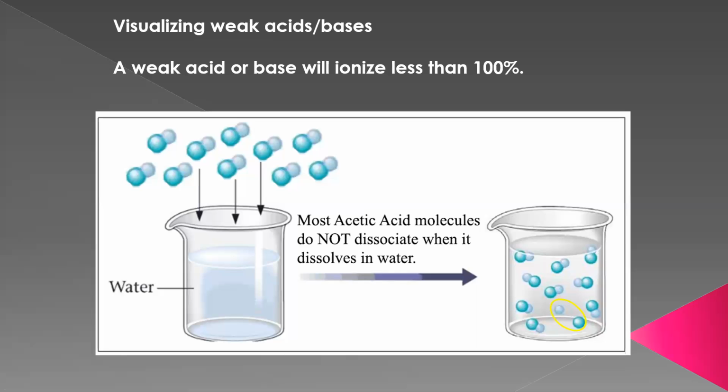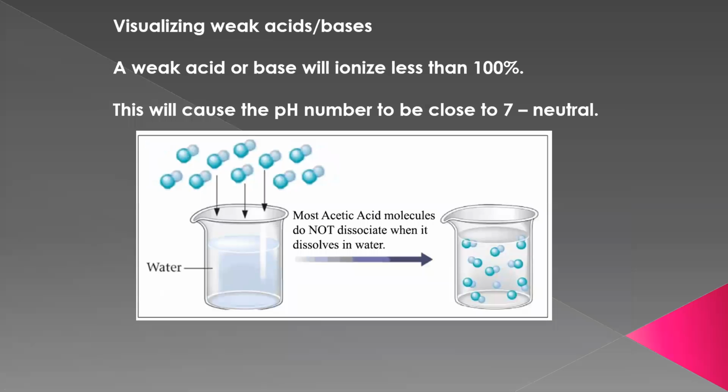So a strong acid ionizes completely or almost very close to completely, and then a weak acid obviously does not. And I do want to take a moment before we move on and discuss that weak acids and weak bases will cause the pH numbers to be close to 7. That is, they will be neutral or close to neutral.